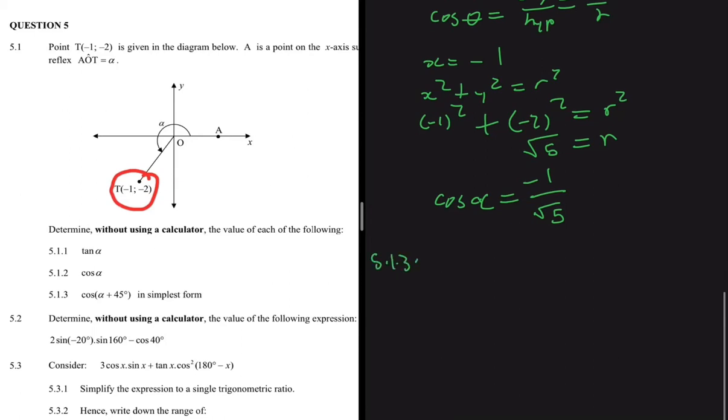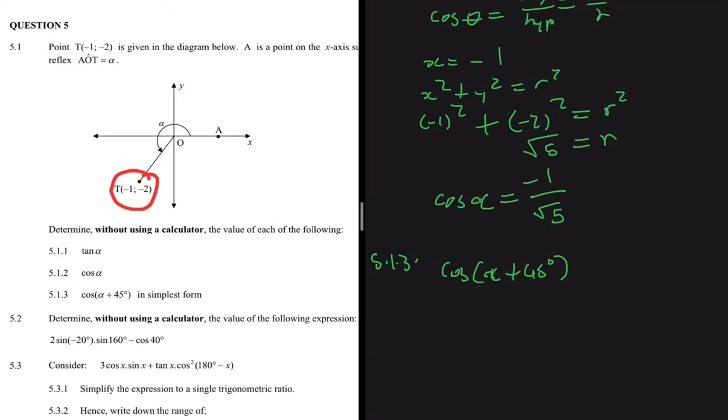And we can move to 5.1.3. So 5.1.3 says cos of alpha plus 45 degrees in its simplest form. Let's not forget, we're supposed to do this without using a calculator, right?